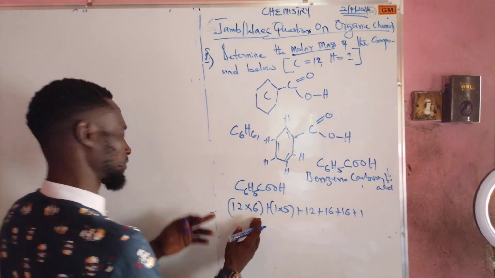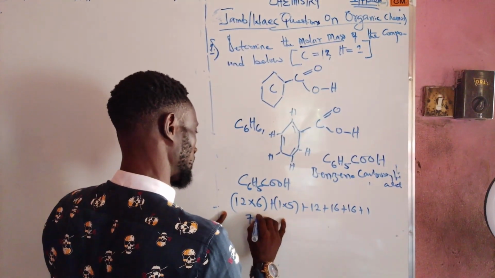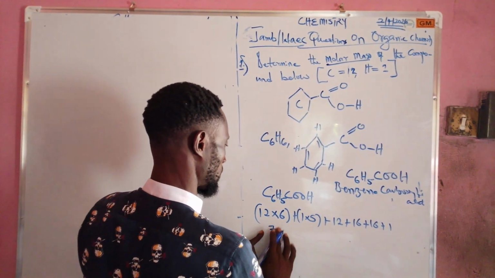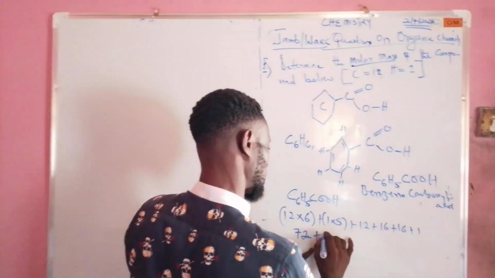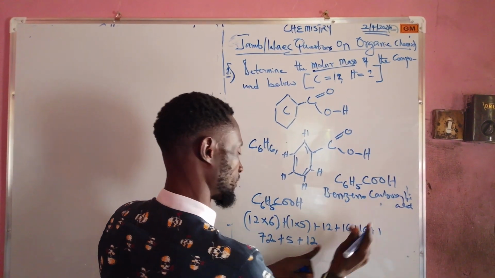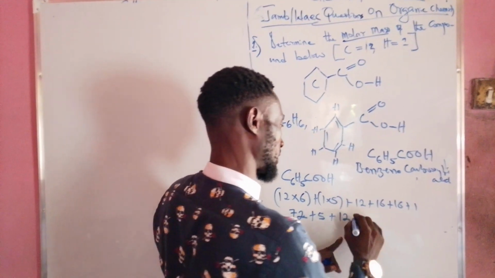Now at this point, 12 times 6 will give us 72. Then plus 1 times 5 is 5, plus here is 12. Then here 16 plus 16 will give us 32, plus 1, that is 33.